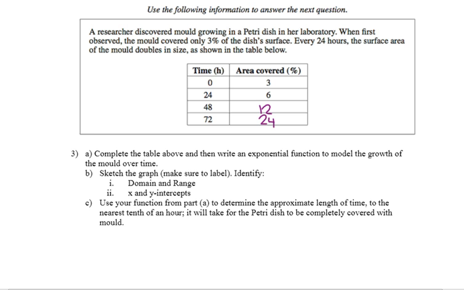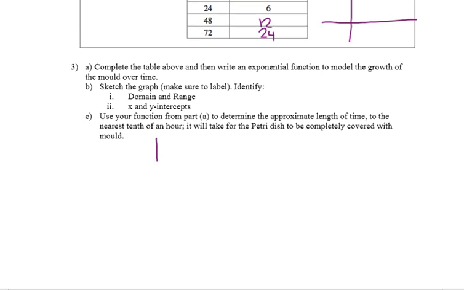Okay, so if you were to roughly sketch this, it might help you. Well, you're going to have to sketch this. It's going to help you figure out the A value and the B value. Okay, so I'm going to sketch it down below, actually. So our time is always on the bottom, and we have 0, 24, 48, and 72.